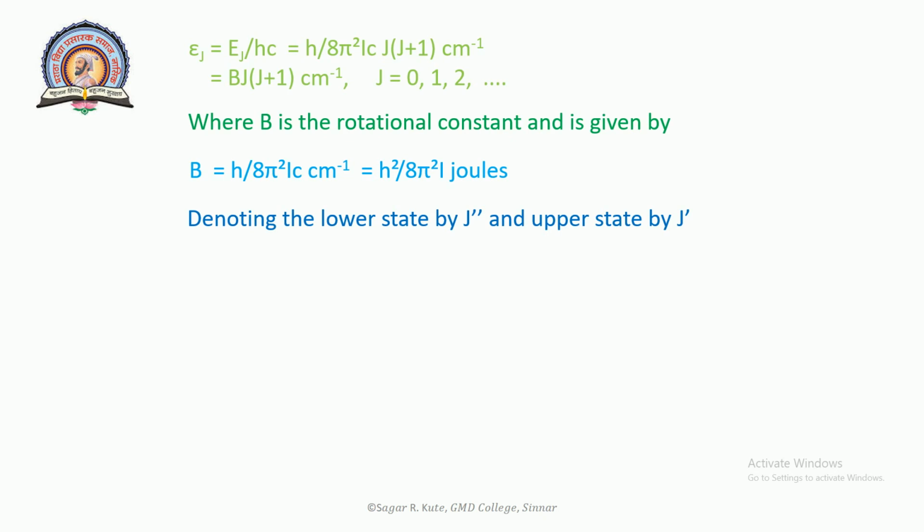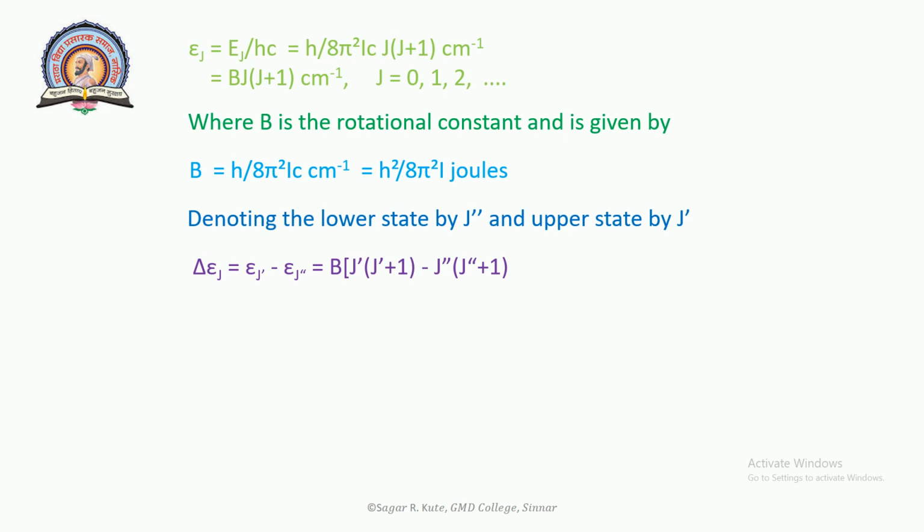Denoting the lower state J double dash and the upper state J dash, delta Ej is equal to Ej dash minus Ej double dash is equal to B bracket J dash bracket J dash plus 1 minus J double dash bracket J double dash plus 1.